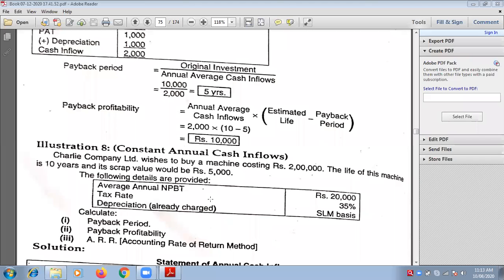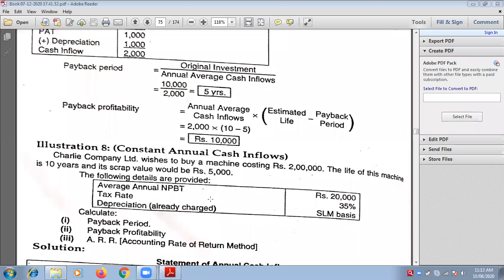आई बात समझ में? Now, steps after net profit before tax will have to be done. Like minus tax, we will get net profit after tax. We will add back depreciation. We will get net profit after tax, but before depreciation. This is what I need. The first step, CI. Okay, tax rate is always also given, 35%.